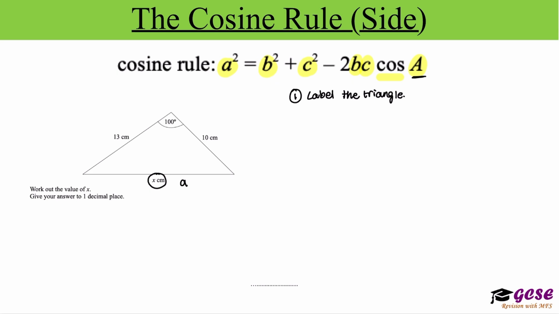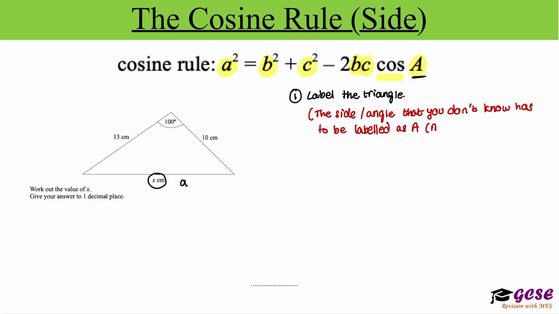Just a point to mention, I'm going to write down that the side or angle that you don't know has to be labeled as capital A for angle or lowercase a for side.